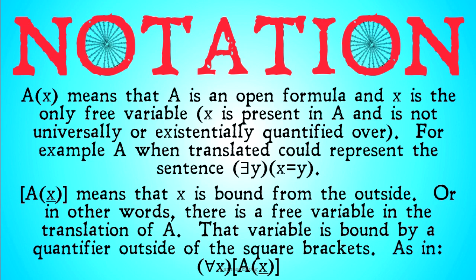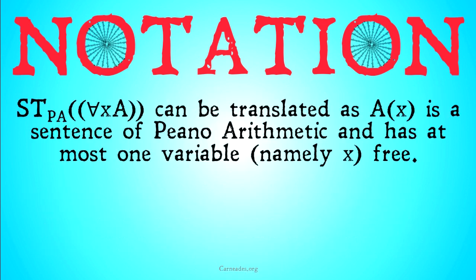As in, for all x, square brackets, A(x) with the underline under it. The point is, the reason we underline it is to show that it was a free variable inside that formula, but outside of those square brackets, it became bound by some universal or existential quantifier. All right? If those didn't make too much sense right now, we are going to give specific examples when we get to the axioms.